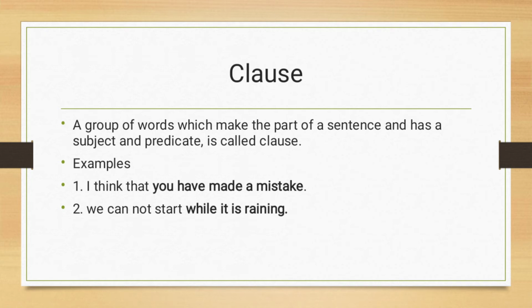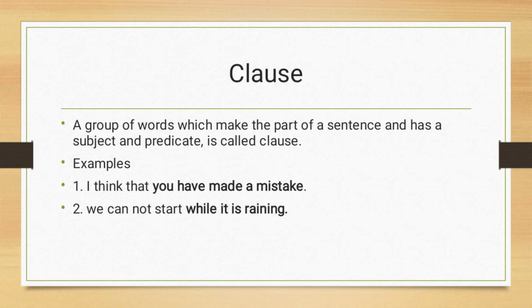You have made a mistake, it is a clause, because it has its own subject and predicate, and it is giving us a sense. It is also making the part of the sentence because the whole sentence is incomplete without that group of words.